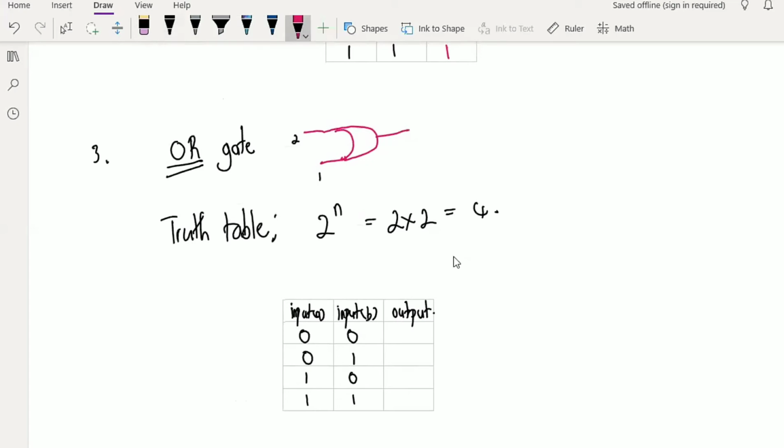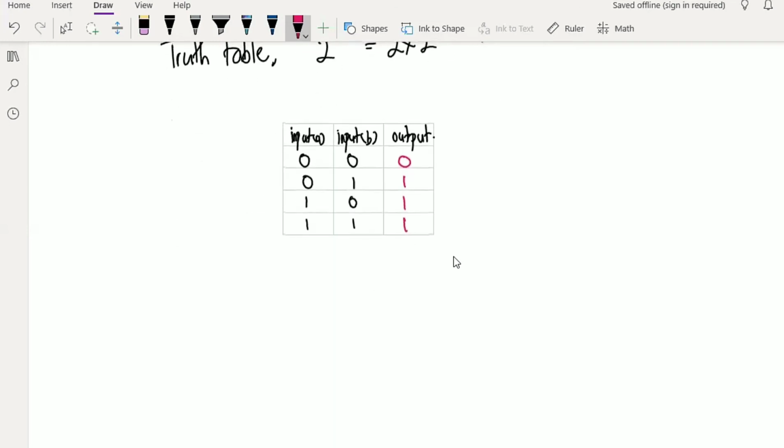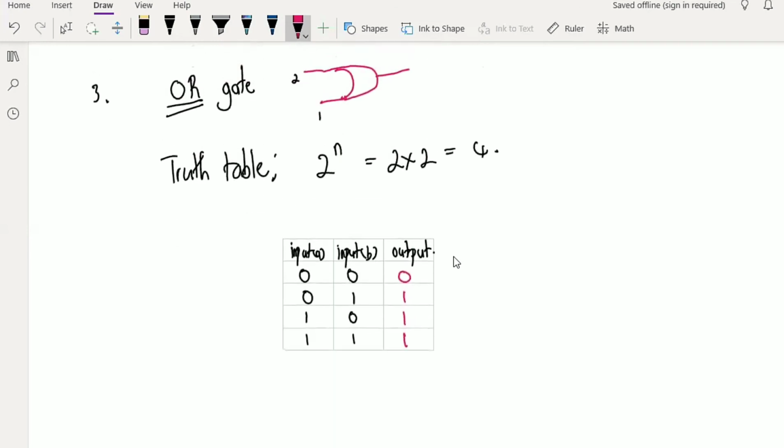And that means, let's look at them. 0 0, neither is a 1, so the output has to be 0. 0 1, we have a 1 here, so the output is 1. 1 0, we have a 1 present, so the output is 1. 1 1, again, we have a 1 present, so the output is 1. And there we go. We have the first 3 logic gates that we need to know and their corresponding truth tables.